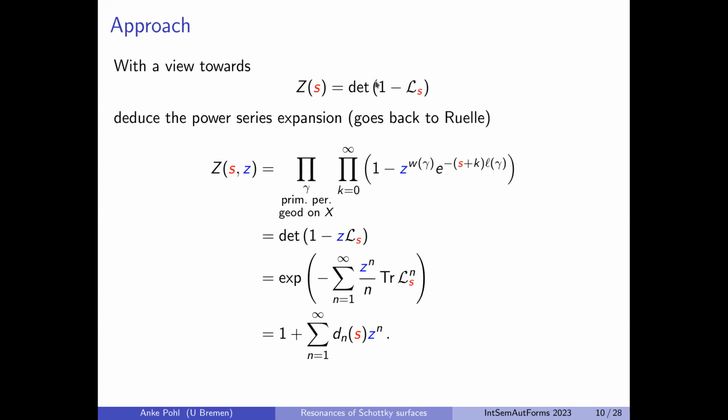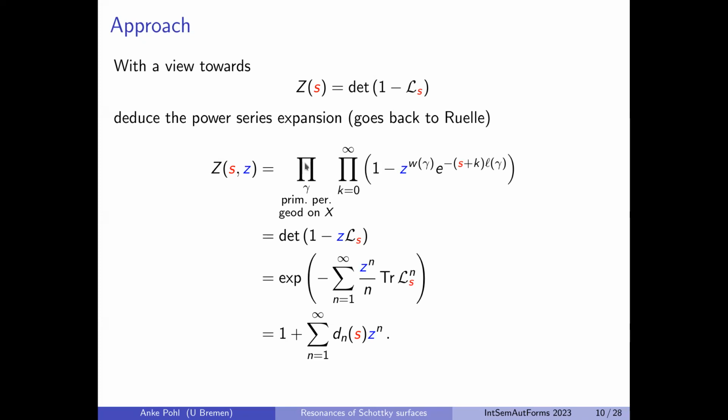And with this determinant, you can now try to approximate the Selberg zeta function as follows. So the first thing which you do is you use a power series expansion, because determinants, when it comes to these types of operators, are always defined as e to the log of this determinant, so it goes via the trace.